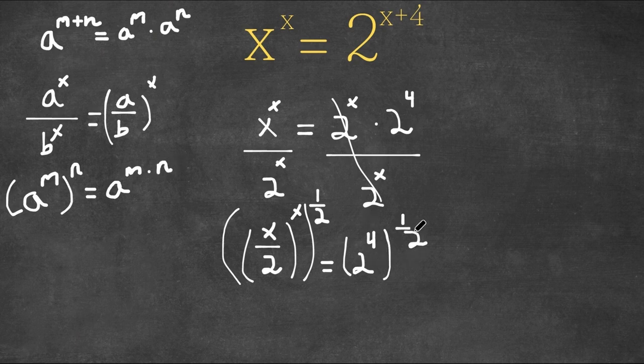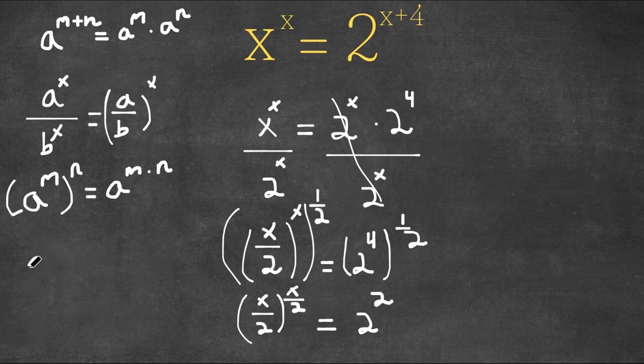So 2 to the power of 4 to the power of 1/2, well, what's 4 times 1/2? 2. So this would be 2 to the power of 2. And for our left side, x times 1/2 is simply x over 2. So we would have x over 2 to the power of x over 2.